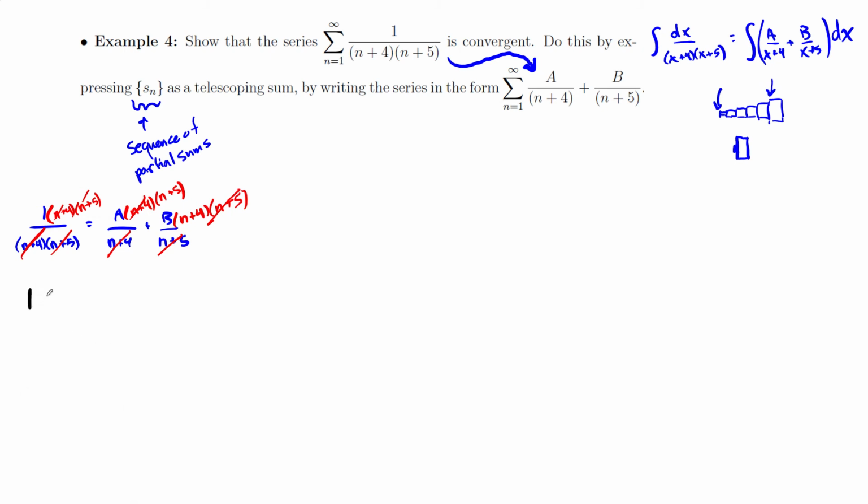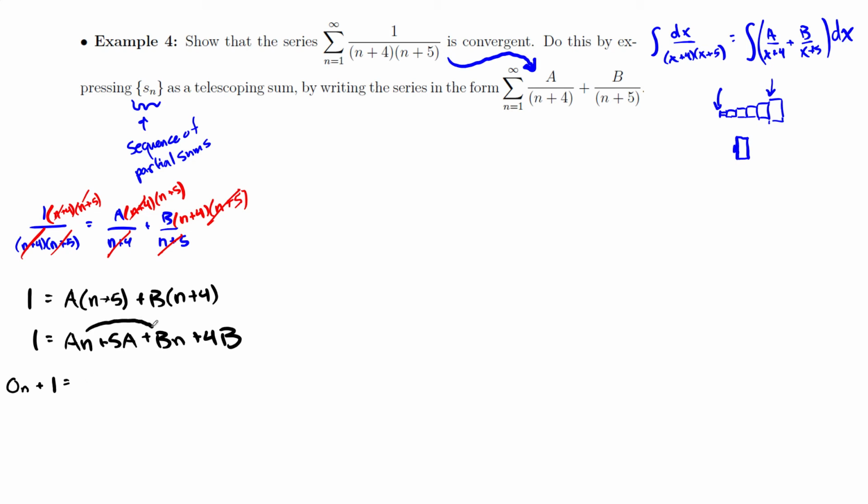is we get 1 equals A times n plus 5 plus B times n plus 4. So An plus 5A plus Bn plus 4B. And what I can actually do here is think of it like this. This 1, there is no n term over here, right? So I'm going to say this, 0n plus 1 is going to equal, I'm going to put the two n terms together.